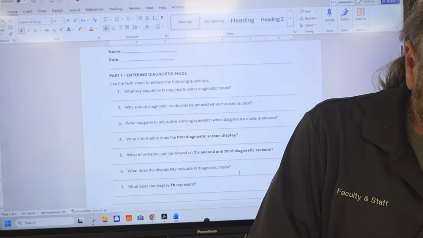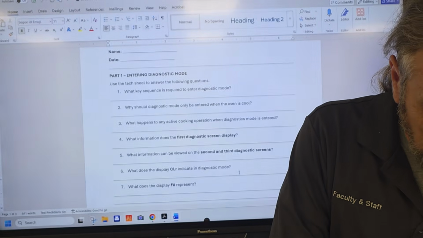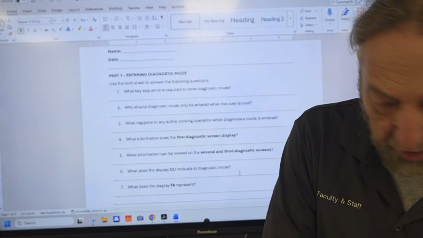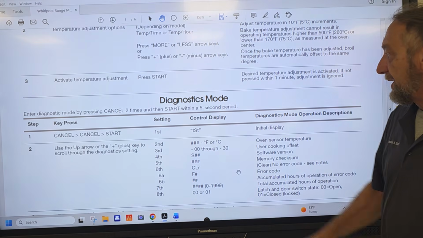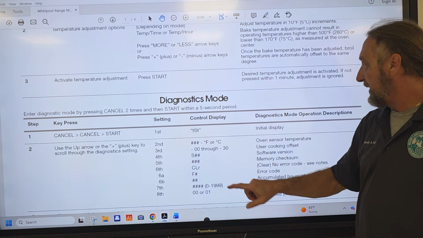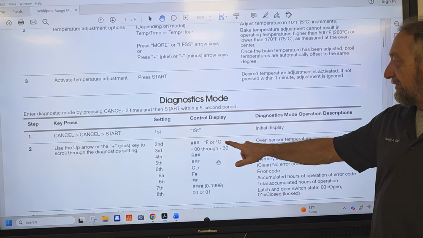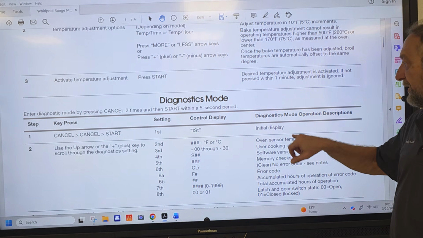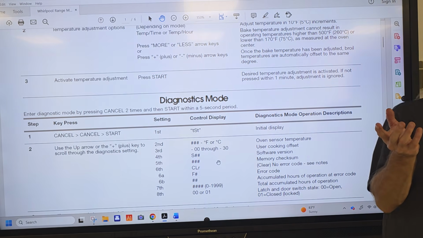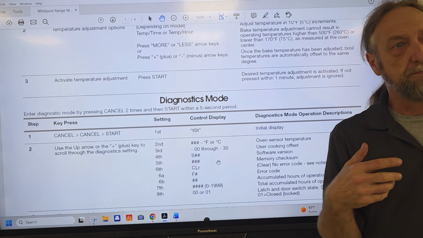Okay? Number 5, what information can be viewed on the second and third diagnostic screen? So let's see if we can go back to here. Second and third diagnostic screen, you're going to get this and this. Oven sensor temperature. What does that mean? It's just the temperature in the oven.